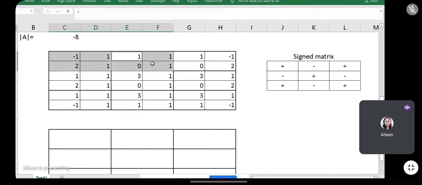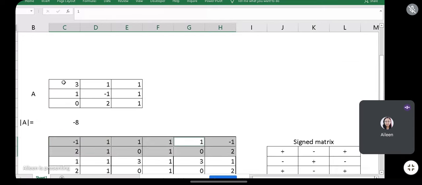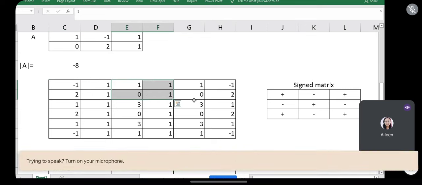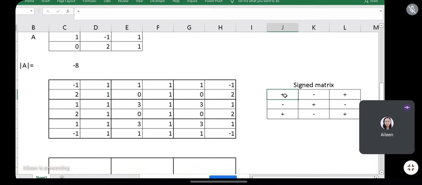These are your minors from the elements of the matrix, and you multiply them by the sign.